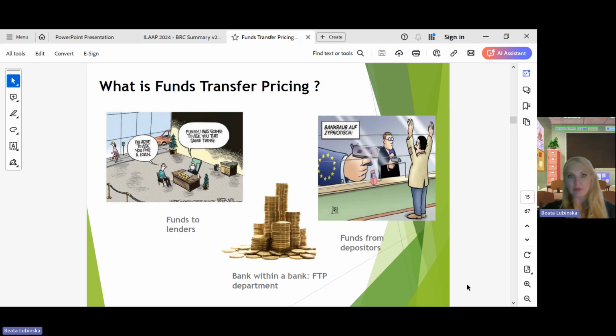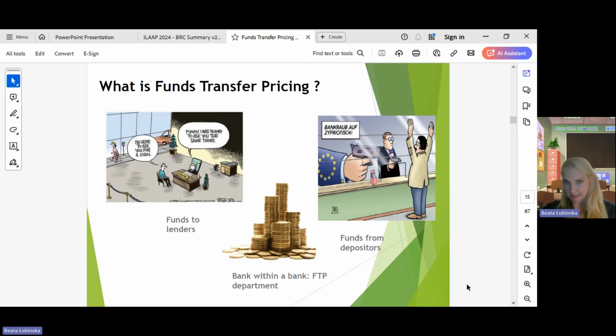So usually you have a number of stakeholders involved in the FTP process. However, those who are directly impacted by the process are, of course, the business unit and the central unit. Just wanted to clarify one point, that by the central unit here, I will be using interchangeably the term ALM, Asset Liability Management Department, or Treasury Department.